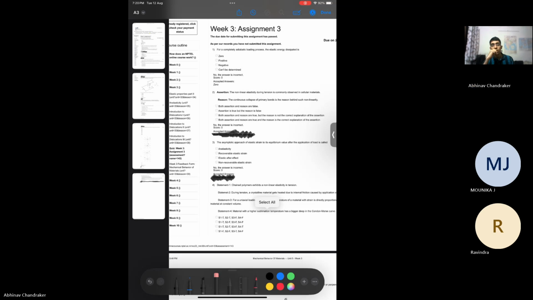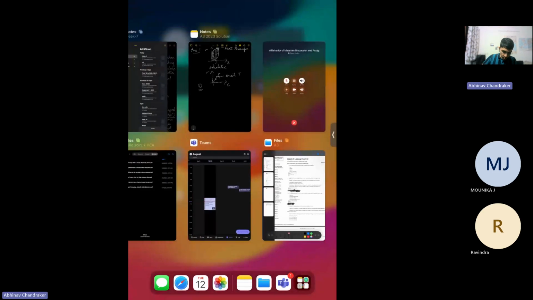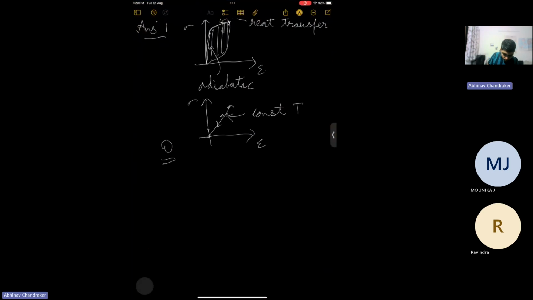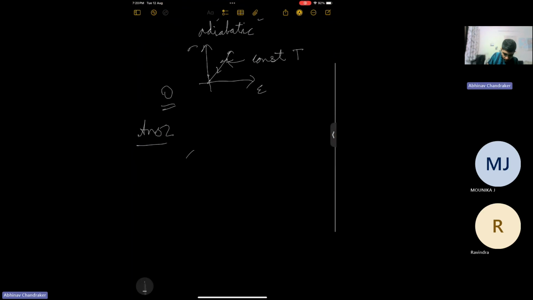No. We know that non-linearity is due to the change in the shape of the cell. It is also called buckling. So if the cells were initially like this, they will somewhat buckle like this.